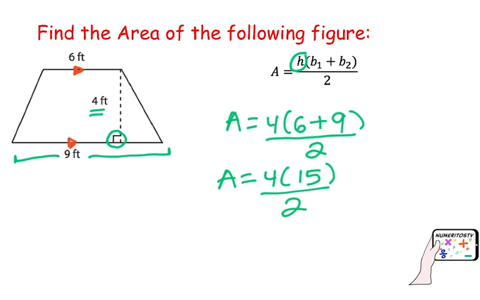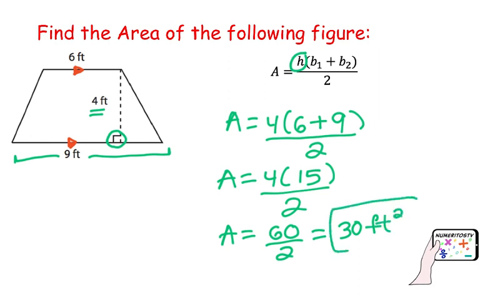Then I am going to multiply 4 times 15. 4 times 15 is 60. And then you need to divide by 2. So the answer is 30 feet squared. For area, we always use square units. So in this case, our units are feet, so the area will be feet squared.